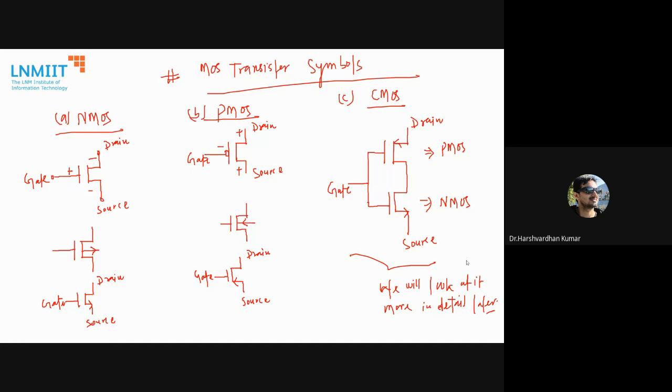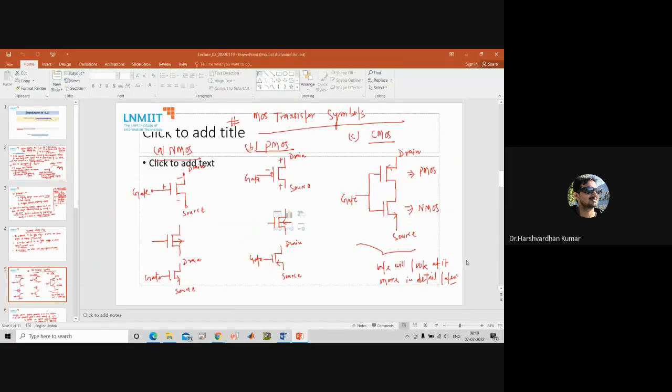The current flows only from source to drain or drain to source, not from gate. How can you say that the current will flow from gate to drain or gate to source? Because the gate terminal is isolated from the body through the SiO2 layer.